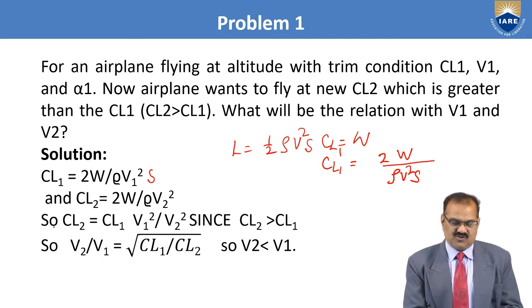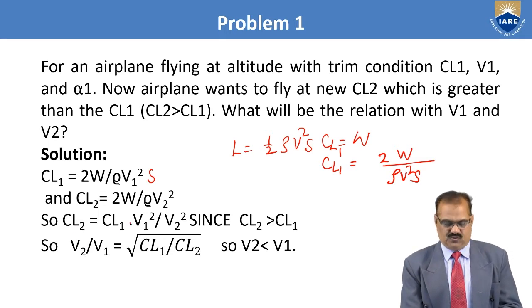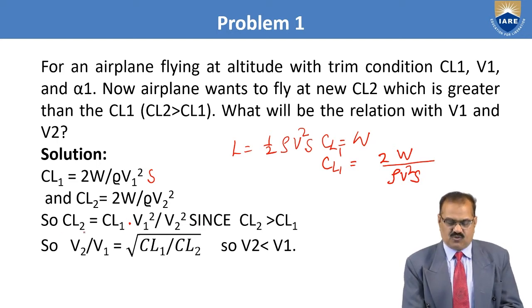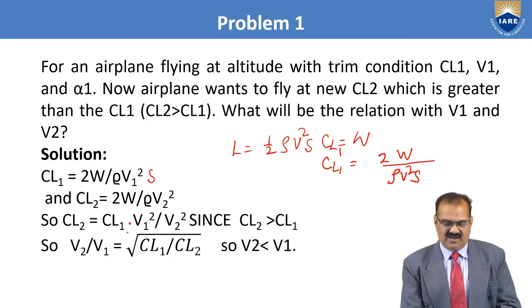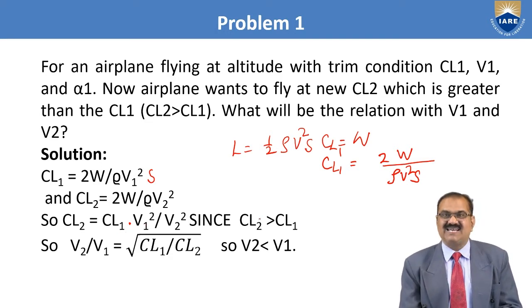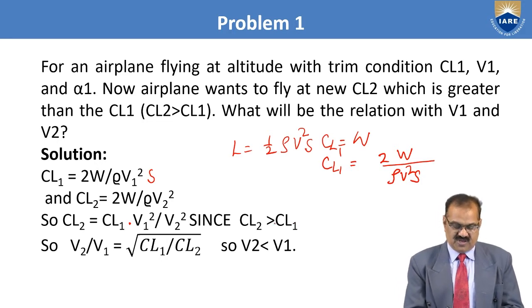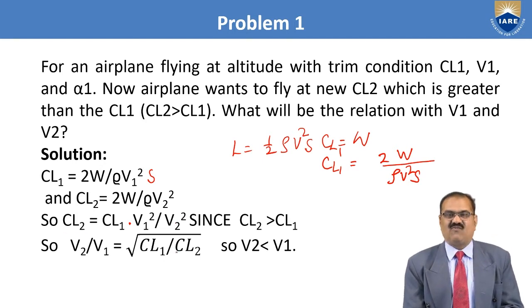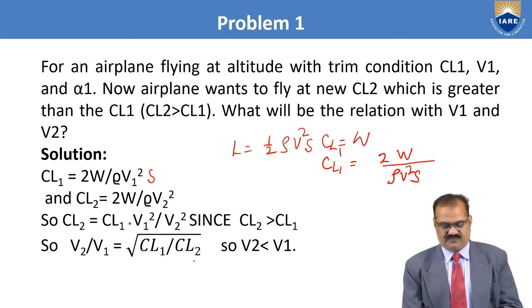So CL2 is equal to CL1 into V1 square by V2 square. Since we know that CL2 is greater than CL1, V2 by V1 is equal to the square root of CL1 by CL2.